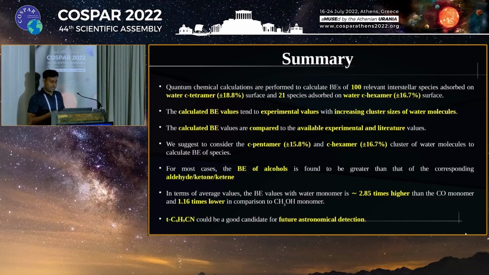So these structures could be used to calculate or predict binding energy when no experimental values are available. Also, in terms of average values, binding energy with water monomer is 2.85 times higher than CO monomer and 1.16 times lower than the methanol monomer. And tert butyl cyanide could be a good candidate for future astronomical detection from our modeling.